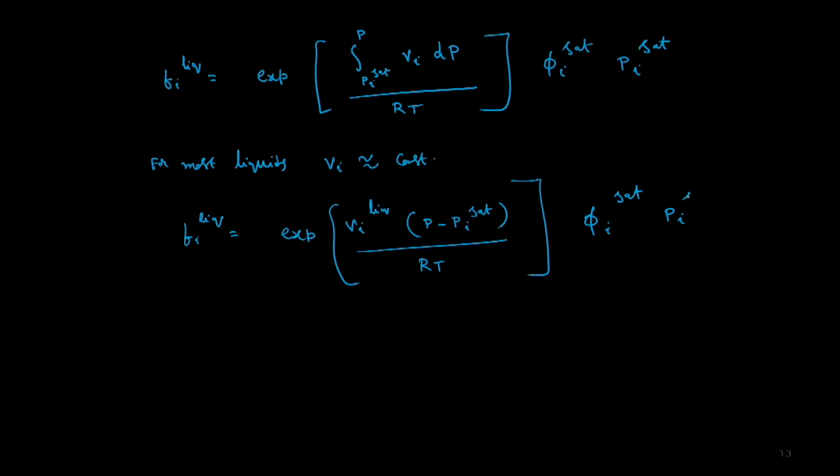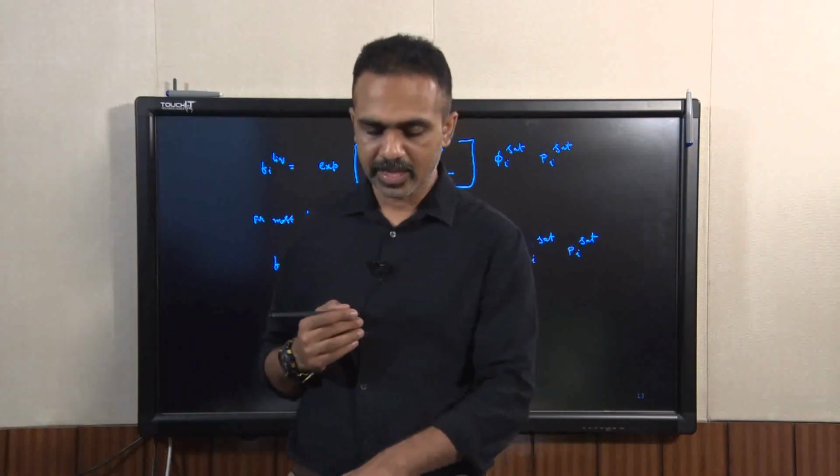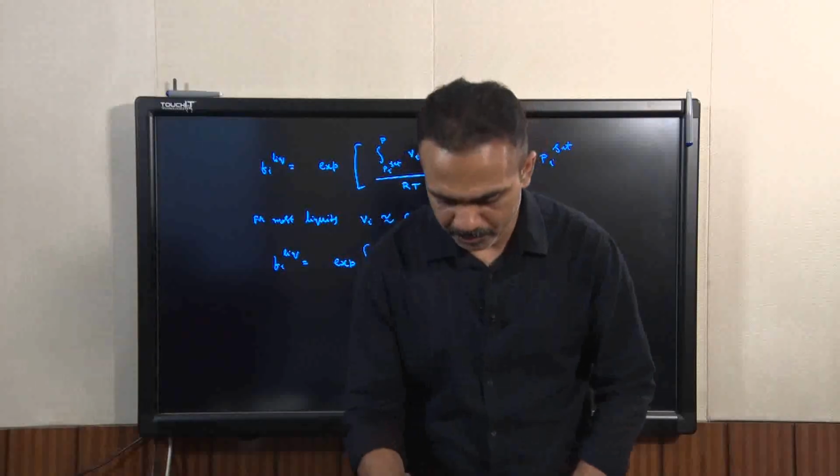This is a fair approximation. If P is not too far away from Pi sat, over moderate changes, the liquid can be considered fairly incompressible. The volume will be more or less constant. It can come out of the integral, and that equation reduces to this form.